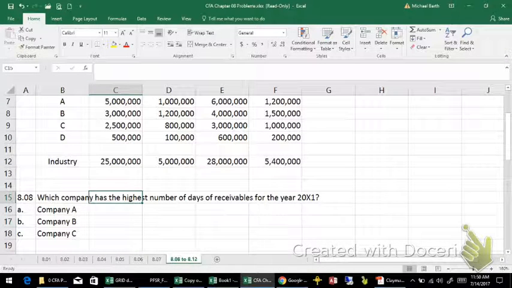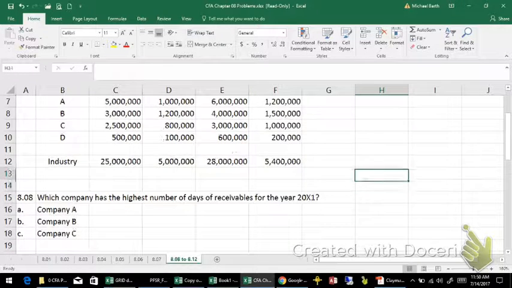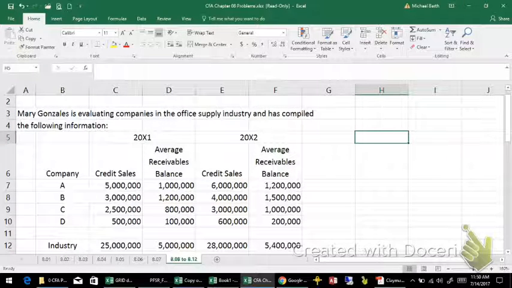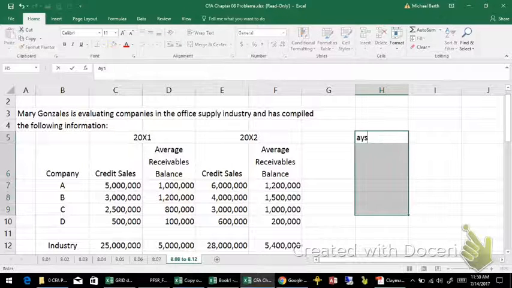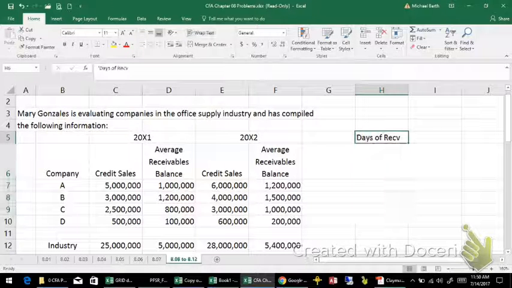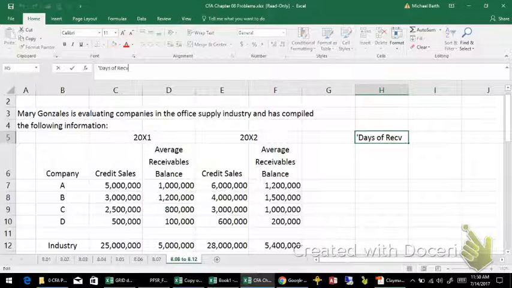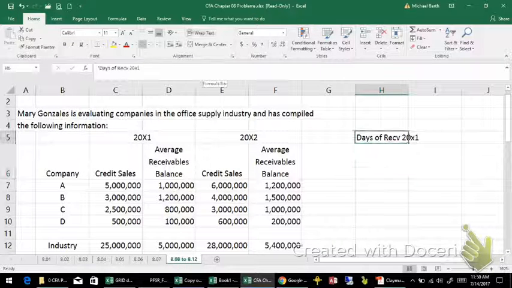Which company has the highest number of days of receivables for 2000x1? So, days of receivables for 2000x1.